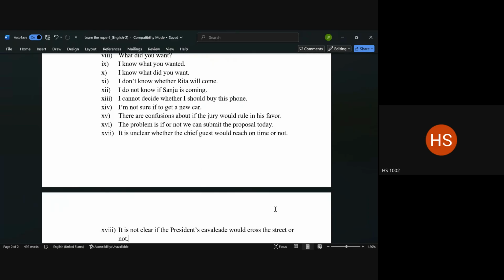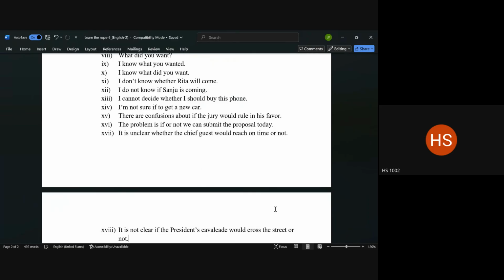The problem is whether or not we can submit the proposal today, not "if or not we can submit the proposal today". Now there is a situation where this can become right, only if "or not" is moved to the end of the sentence. To make the sentence grammatically correct, I have two methods. One is to change "if" to "whether" and retain the position of "or not": the problem is whether or not.